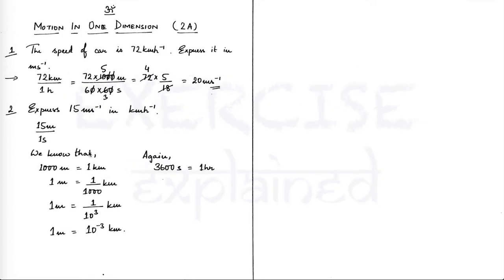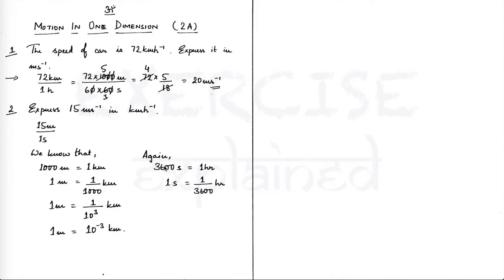Now similarly, we will be converting seconds to hours. So 3600 seconds is 1 hour, that is 60 minutes, and each minute has 60 seconds. So 60 into 60 gives us 3600. So we can write 3600 seconds is equal to 1 hour.